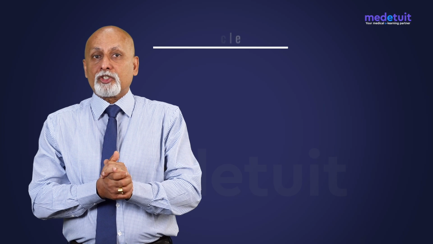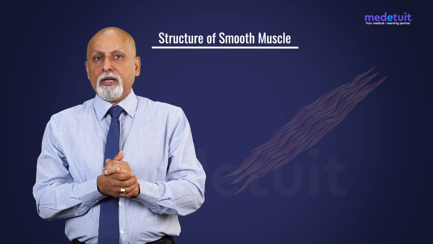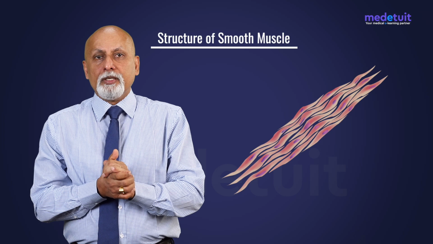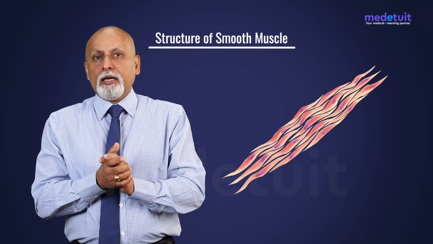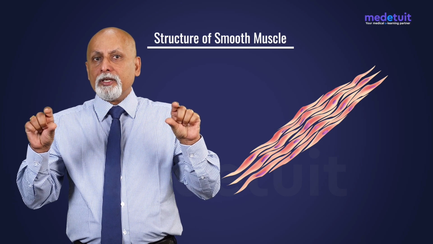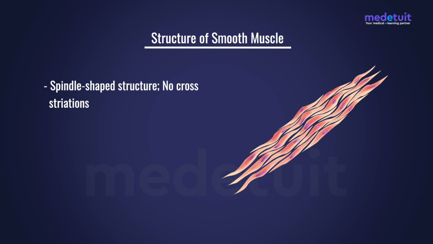Now you can see the structural details of a single smooth muscle fiber in the given frame. Instead of a cylindrical shape that we got in skeletal muscle, here we are getting a spindle-shaped smooth muscle cell. Of course, there are no cross striations at all.